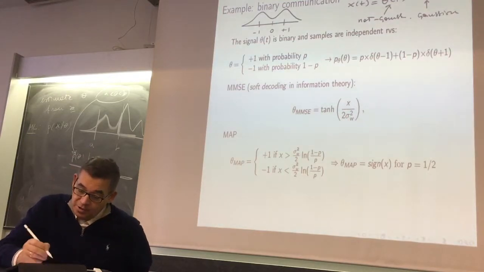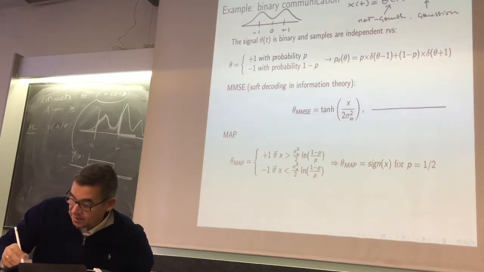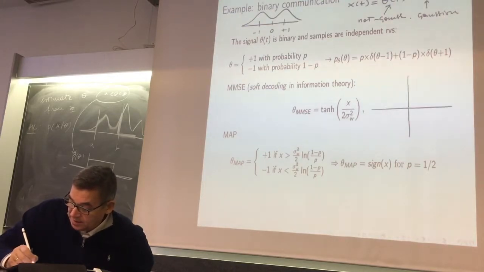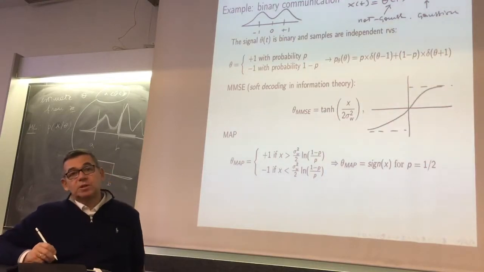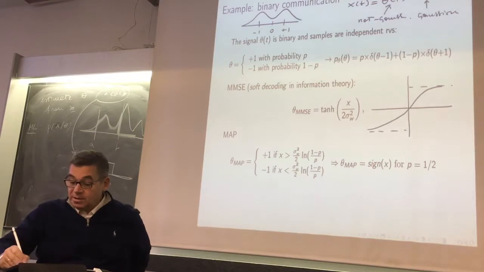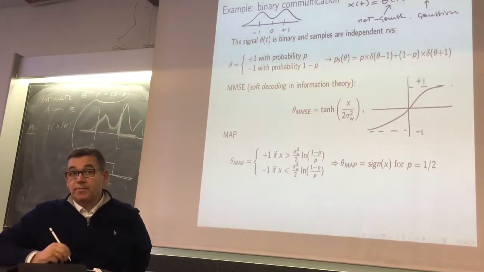So the behavior of the MMSE estimate is approximately a sigmoid function which is smoothly going between minus 1 and plus 1.